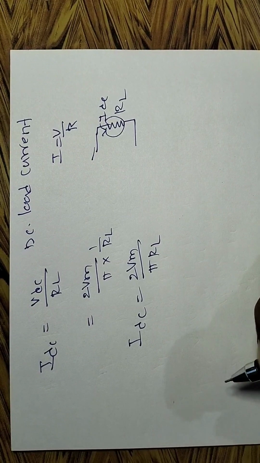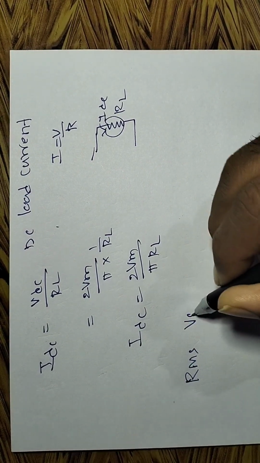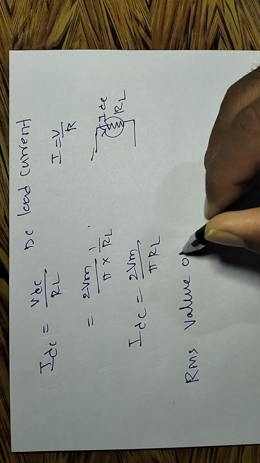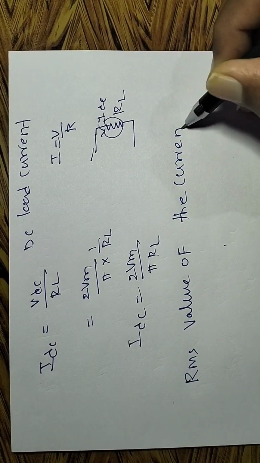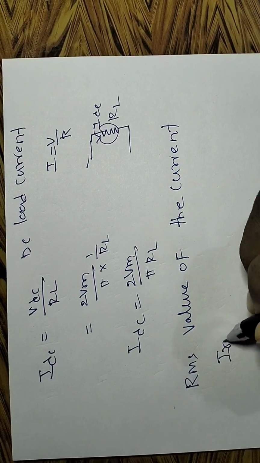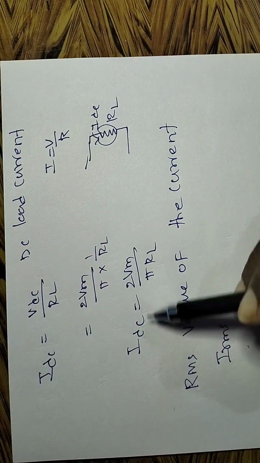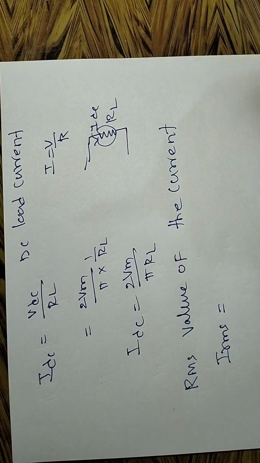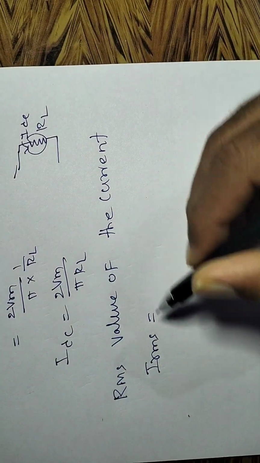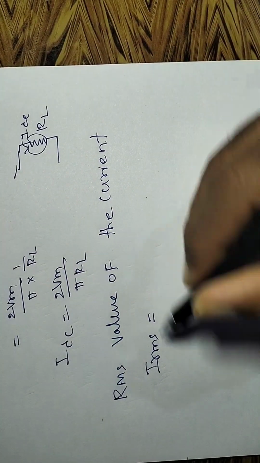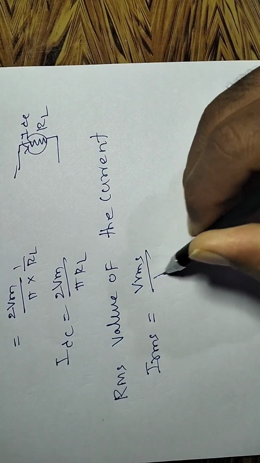Now let's calculate the RMS value of the current, that means IRMS. Before, we calculated the IDC value, that is 2 Vm by pi RL. Now let's calculate IRMS. According to Ohm's law, IRMS is nothing but VRMS by RL.